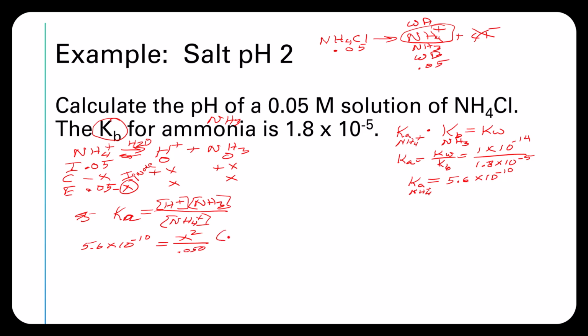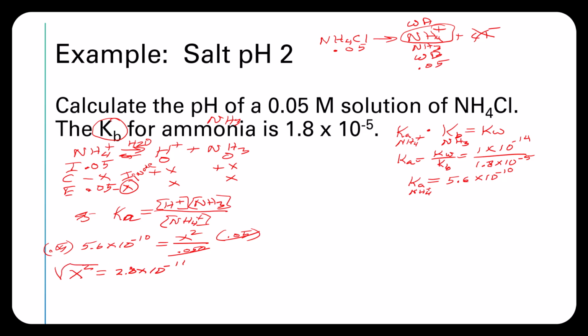I'm going to multiply both sides by 0.05, and it cancels over here. Let's see what we get. So I've got 5.6 times 10 to the minus 10 times 0.05, and that gives me 2.8 times 10 to the minus 11.